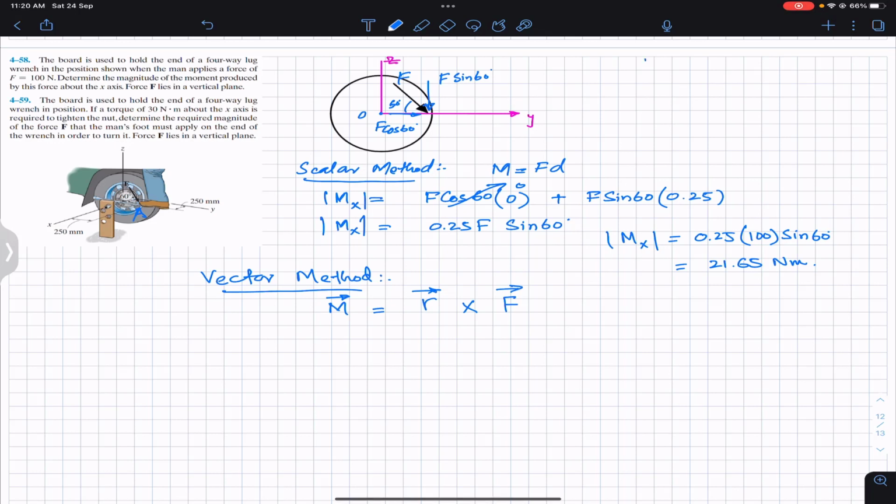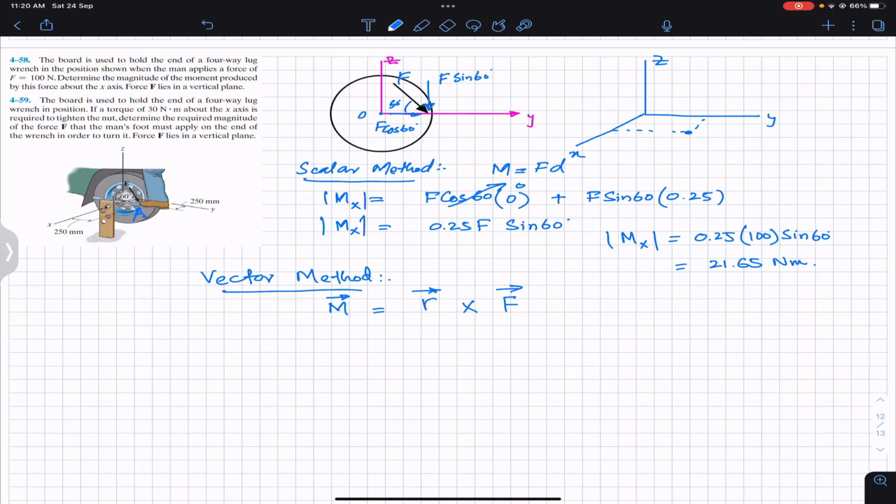Let me draw this in a 3D diagram. Let's say this is my positive Z, this is my positive Y, this is my positive X, and that force F is acting somewhere here.